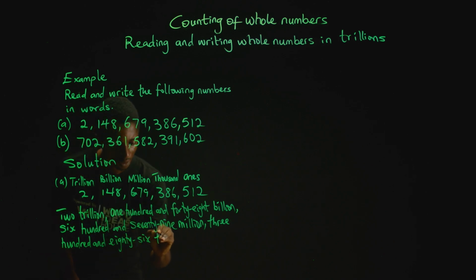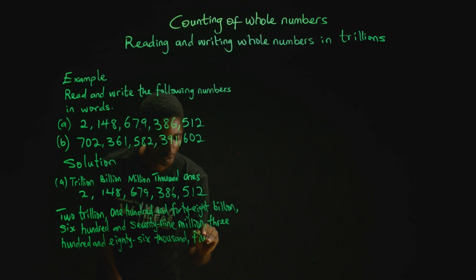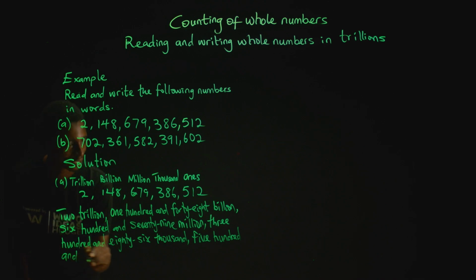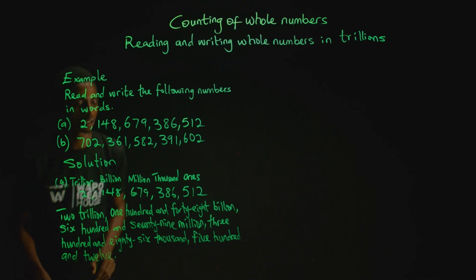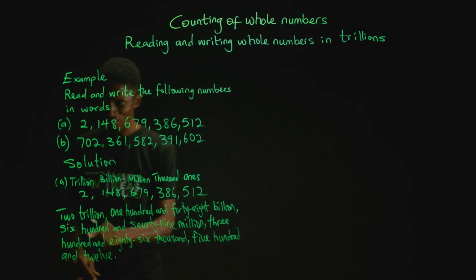Place value, thousand. Then finally we have what? 512. Good. So let's read it out one more time.